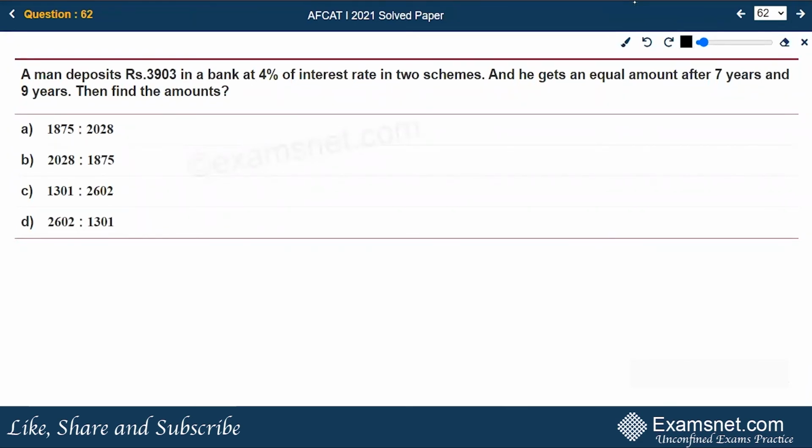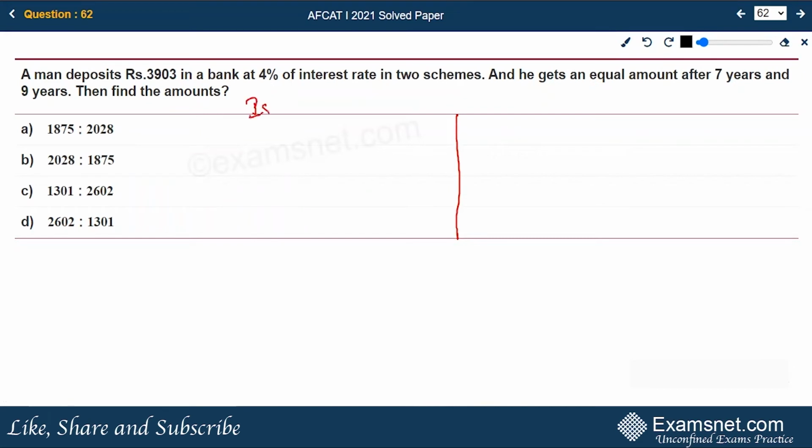Question number 62. A man deposits 3,903 rupees in a bank at 4% interest rate in two schemes, and he gets an equal amount after 7 and 9 years. You have to find out the amounts. So there are two situations in this case. There are two schemes in which the man has invested.